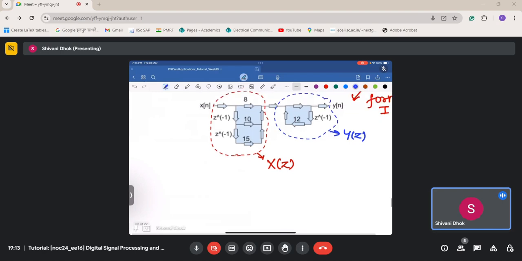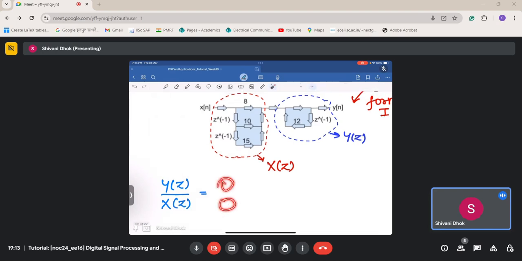Now what we need to find out is Y(z) upon X(z), and we'll have some polynomial of z here and some polynomial of z here. So this red part gets multiplied with X(z), which means it should come in the numerator, and whatever is here gets multiplied with Y(z), so this should come in the denominator, multiplied with Y(z).